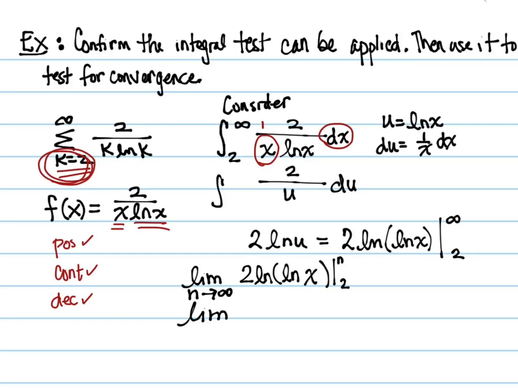So I'm back into limits. This is that infinity process that you might not have remembered very well. So I've got 2 natural log of the natural log of n, minus 2 natural log of the natural log of 2.